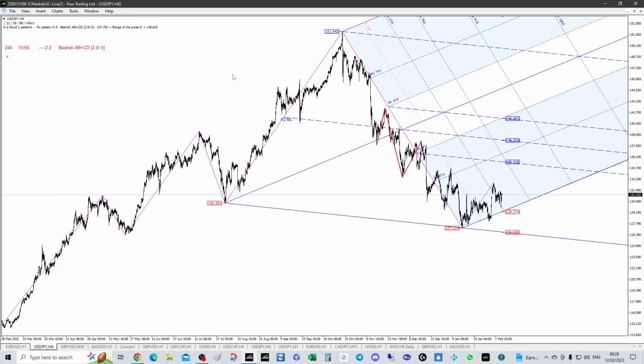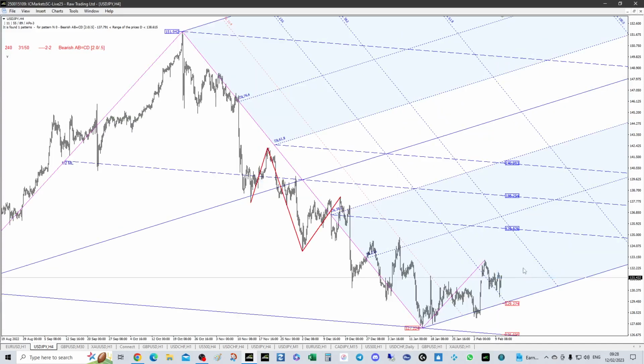So let's zoom in. Well, you can see, we've got a descending shift channel, but an ascending pitchfork. 135.52, 129.27. Zoom in, and yeah, we've got an ABCD, so a lower high, a lower low. So it's bearish.